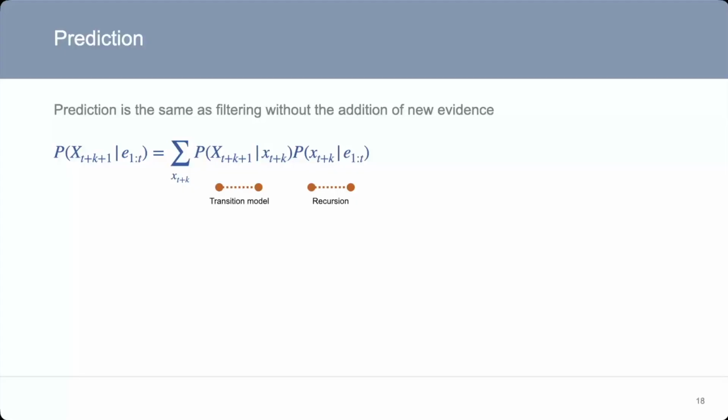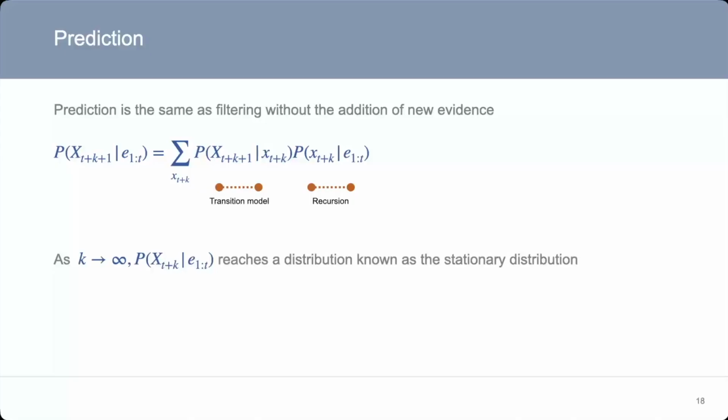So we basically repeatedly apply the transition model on the recursive step. Over a long time horizon, the state distribution often converges to a distribution commonly known as the stationary distribution.